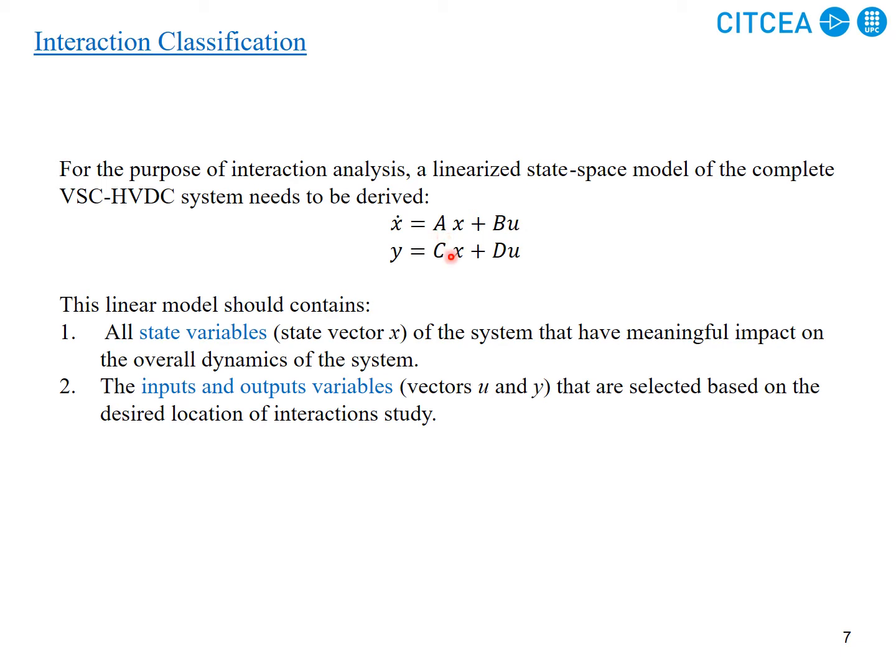Another class is the input-output interactions, where we select a specific input and output, and from the desired input to the desired output, we are interested to see how it is coupled. This coupling impact is found based on the input and output.